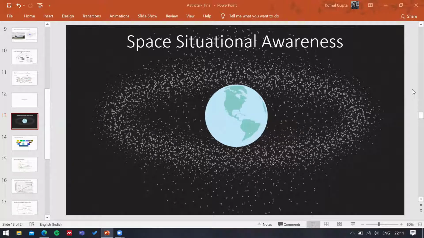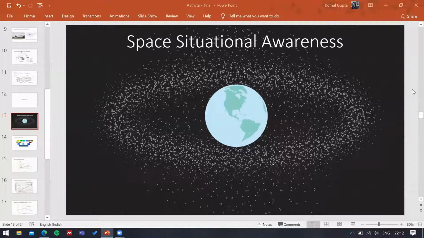So according to ESA, the European Space Agency, there are 3 segments that SSA is divided into. The first is space surveillance and tracking, which basically concerns itself with tracking the objects in Earth's orbit and keeping track of all the active and inactive satellites, discarded launch stages, fragmentation debris, anything else that we have left up there.